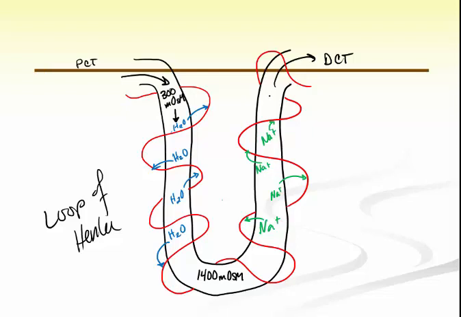That's right, it's going to dilute or become less concentrated. By the time we leave the loop of Henle, the filtrate leaving the loop of Henle measures 100 milliosmolar. So we have a net dilution from the entrance to the exit of the loop of Henle, and a lot of that water and sodium has now been reabsorbed back into the cardiovascular system for homeostasis.